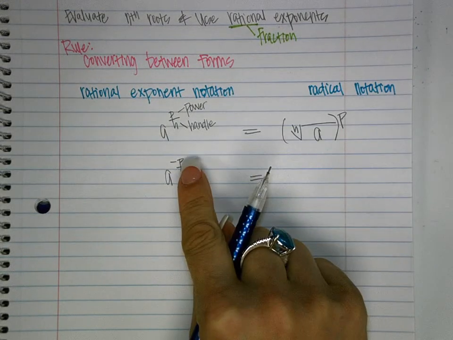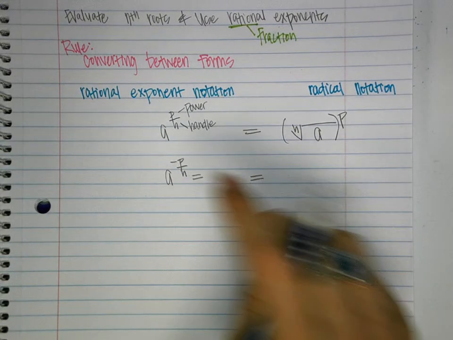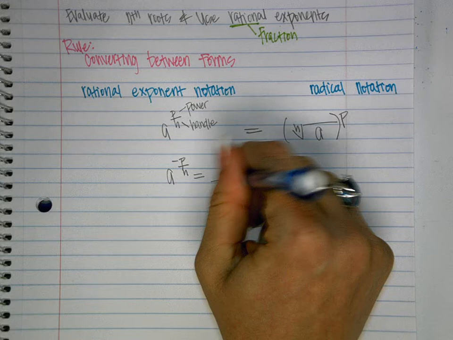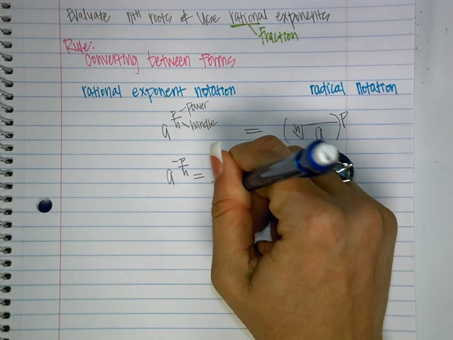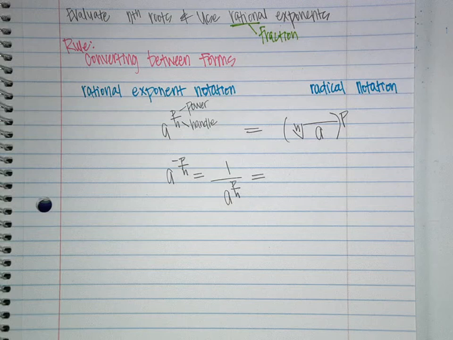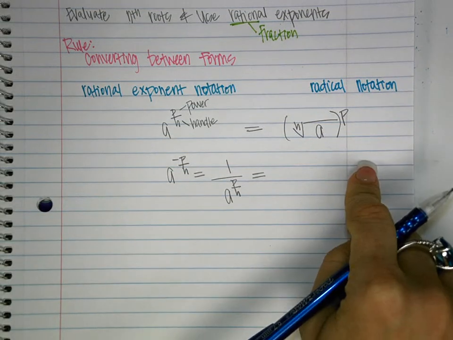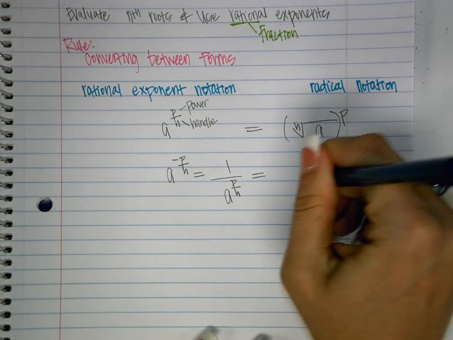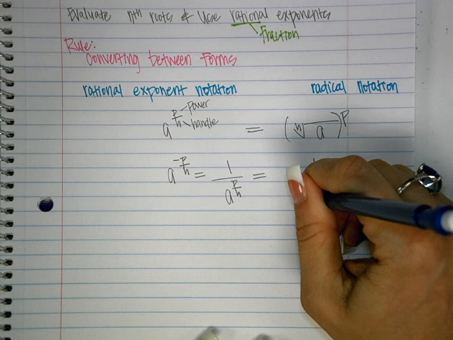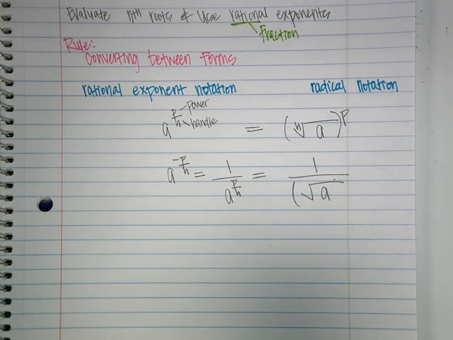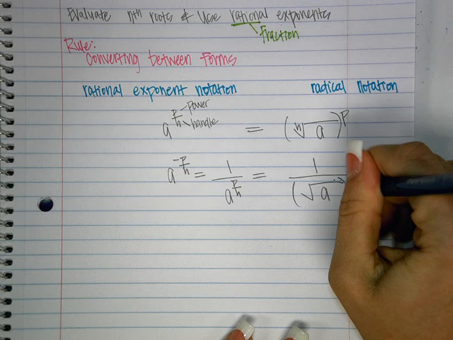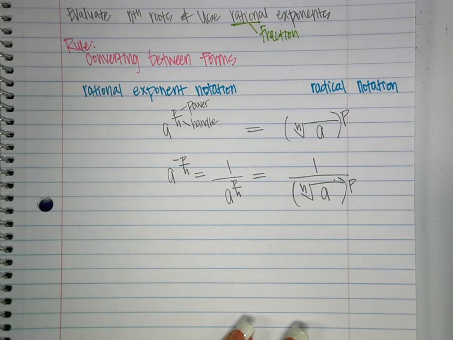So this becomes 1 over a to the positive p over h power. When you convert that to radical notation, it is 1 over the root of a, and the power is still on the outside, the handle still inside.